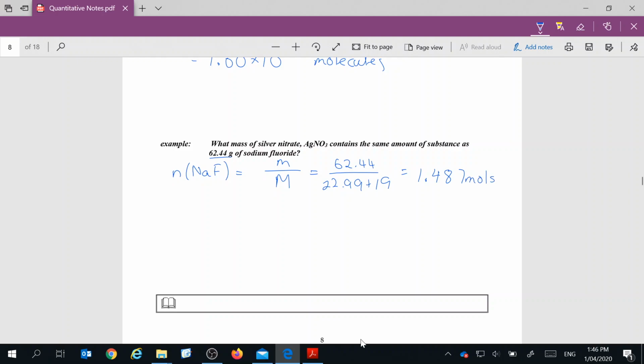Right, so now we want to know what the mass of that amount of silver nitrate would be. So the number of moles of silver nitrate, we're saying we want to be that. So the mass is the number of moles times the molar mass: 1.487 times the molar mass of silver nitrate.